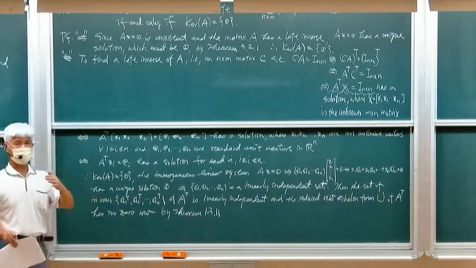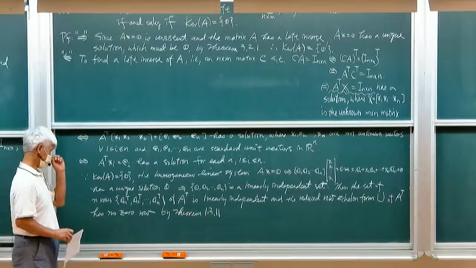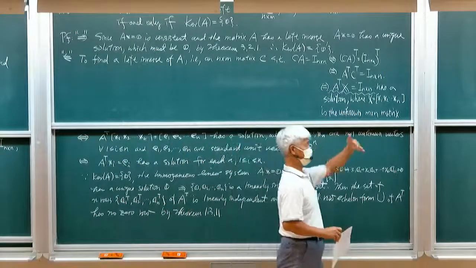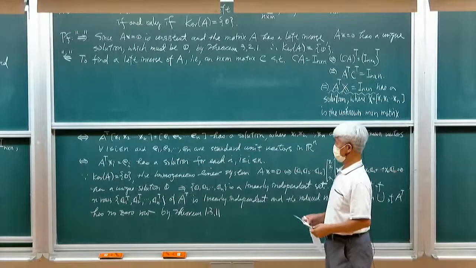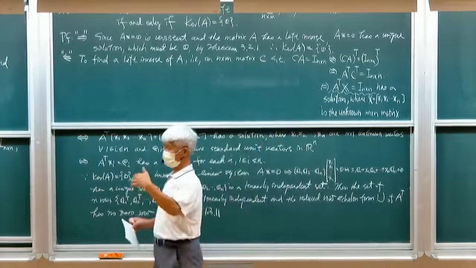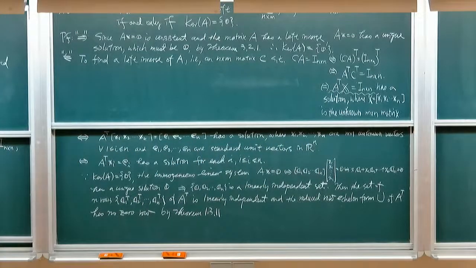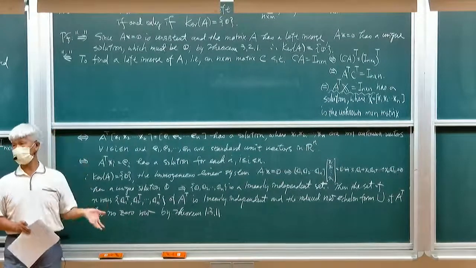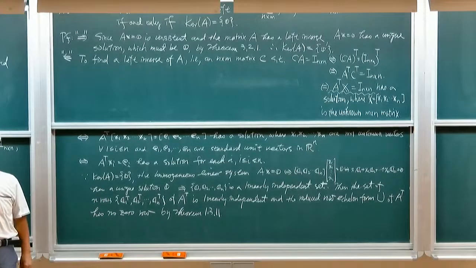The contrapositive statement is that if the rows of a matrix form a linearly independent set, then any row echelon form of the matrix has no zero rows. If it has no zero rows, it means that every row has a pivot.